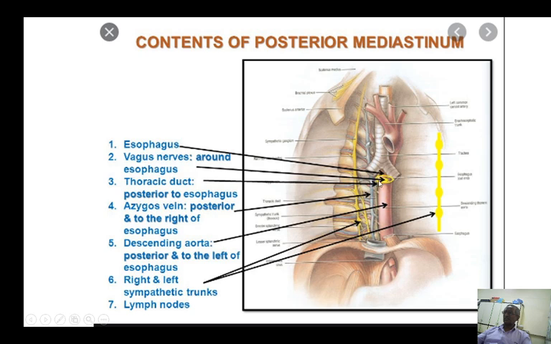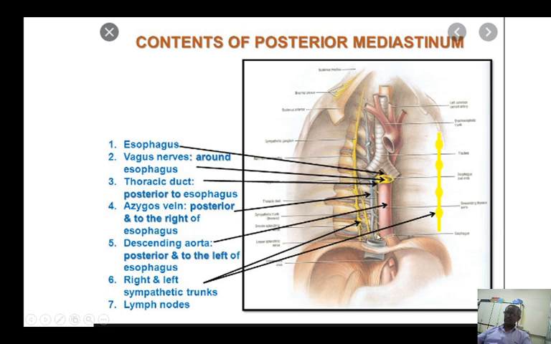Here this is the esophagus, with the vagus nerve around it, and then the thoracic duct posterior to the esophagus. The azygos vein is posterior and to the right of the esophagus, and the descending aorta is posterior and to the left of the esophagus.